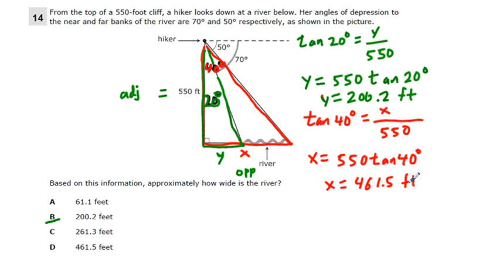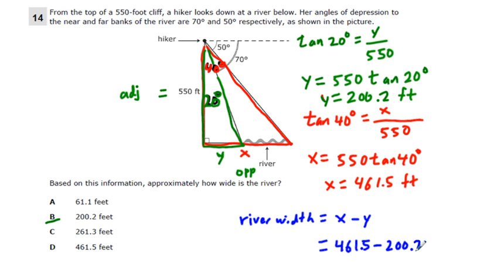And so we're looking for our river width. River width is going to be the larger distance, X minus Y, which is going to be equal to 461.5 feet minus 200.2 feet.